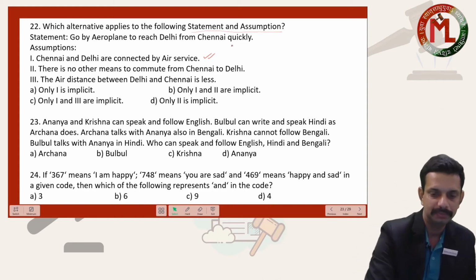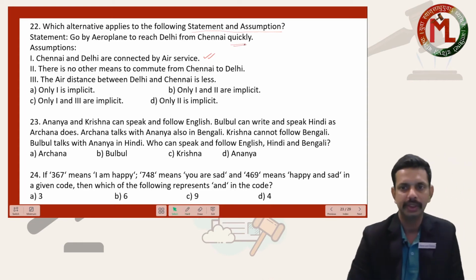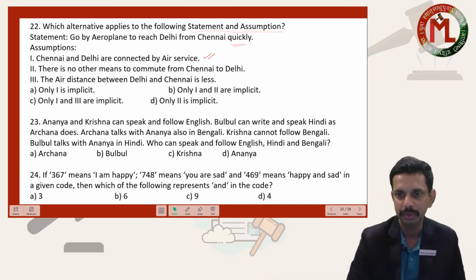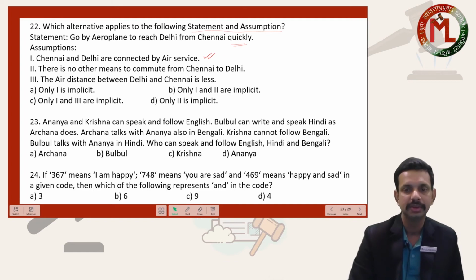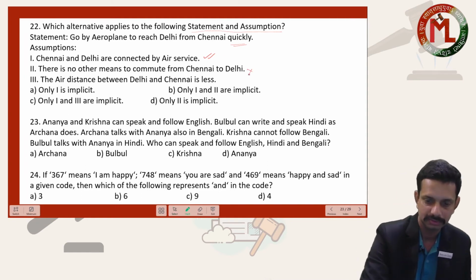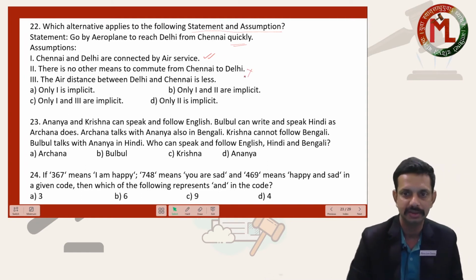Here, the term quickly means we take less time than other means of transport. The aeroplane takes less time than the other means of transport, right? It means the second statement, there is no other means of commute from Chennai to Delhi, is wrong. It can be assumed.